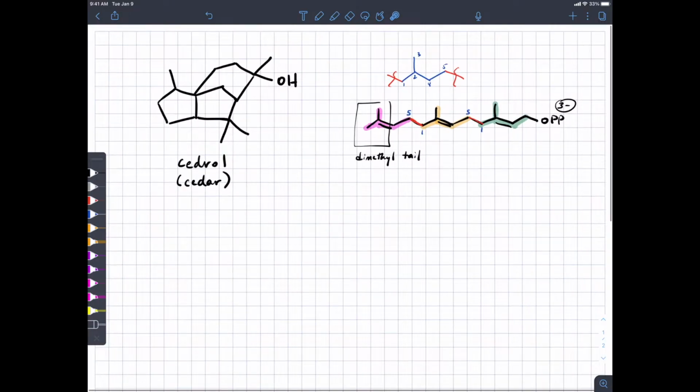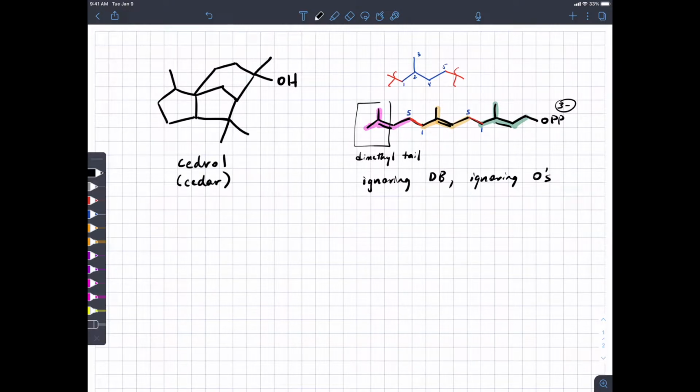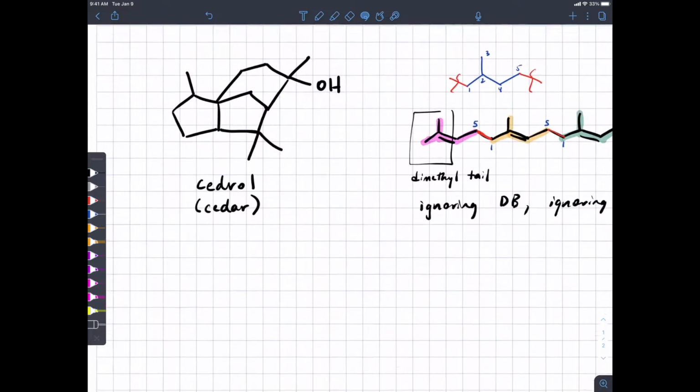Now, as we look for isoprene units, we're ignoring double bonds, and we're also going to be ignoring oxygens or other heteroatoms. So if I were looking for a dimethyl tail in a molecule like limonene, which I think maybe we did last time, this is the dimethyl tail part. I'm ignoring the double bond. Okay?